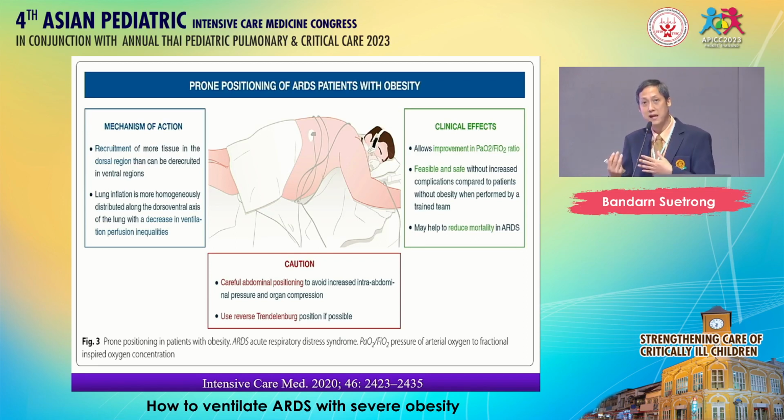So it prevents volutrauma in the anterior part, and it prevents atelectrauma in the dependent part as well. It results in improvement of PF ratio or oxygenation, and it also improves survival.